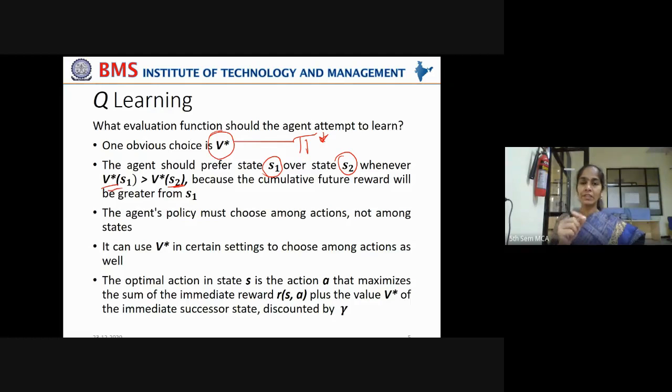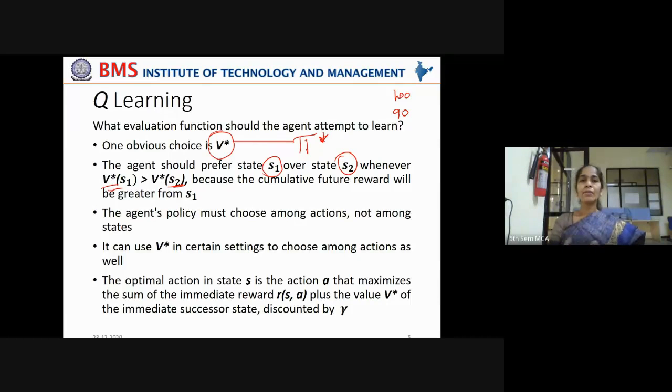Say the agent is starting from state S1 and reaching its final goal. For that, say there are 100 reward points accumulated. Now in another case, it is starting from S2 and reaching the goal state, but it is accumulating only 90 rewards.